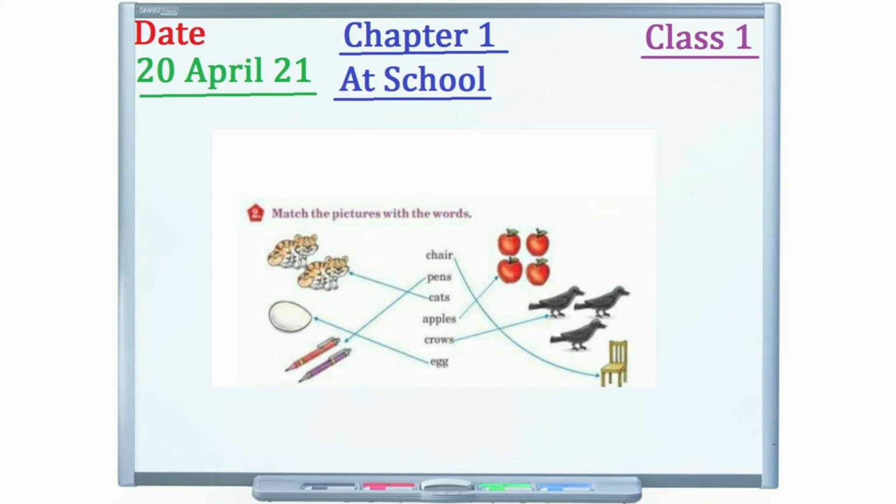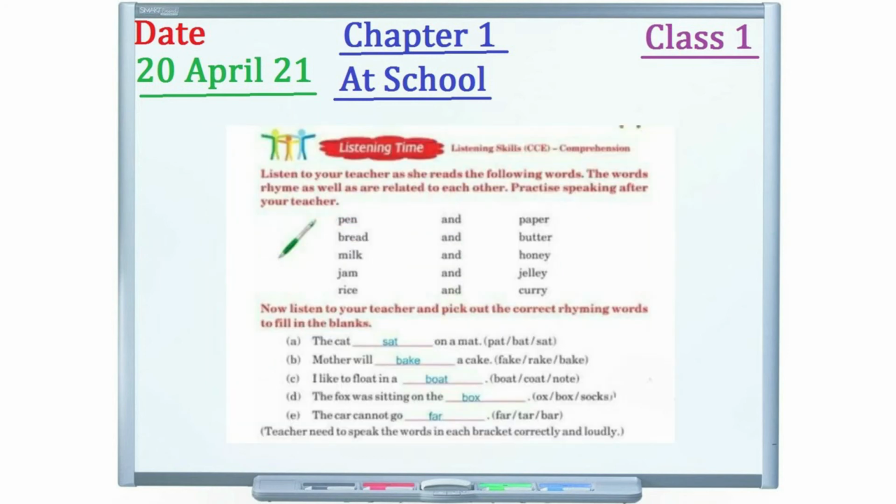Okay. Now next, listen to your teacher as she reads the following words. The words are related to each other. Practice speaking after your teacher. PEN pen and PAPER paper.